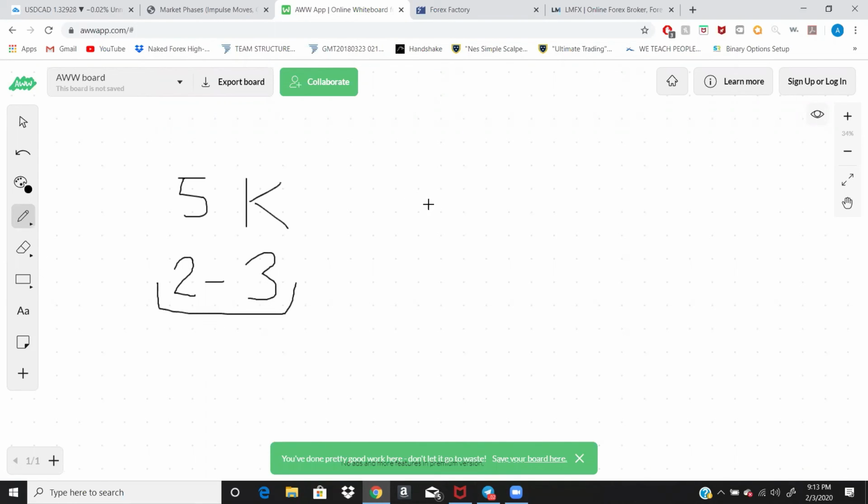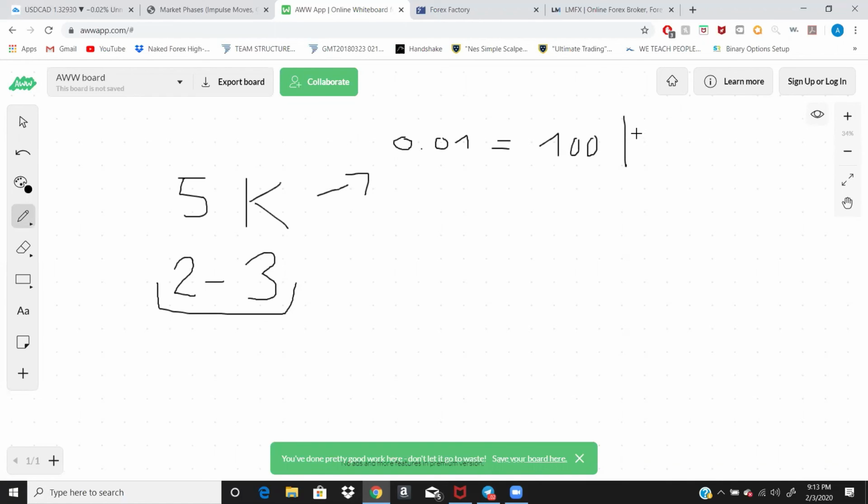For the 5K account, proper risk management is 0.01 lot per $100 in the trading account.